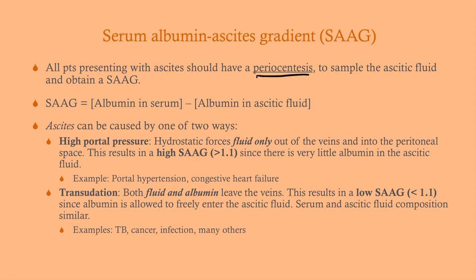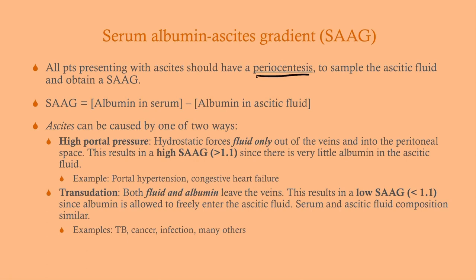We can analyze it and we can compare it to the serum. And so this gives us our gradient. So the serum albumin-ascites gradient is just a differential in albumin concentration. So it's the serum albumin, which we can easily get through a blood test, minus the ascites albumin, so the albumin concentration in the ascitic fluid.